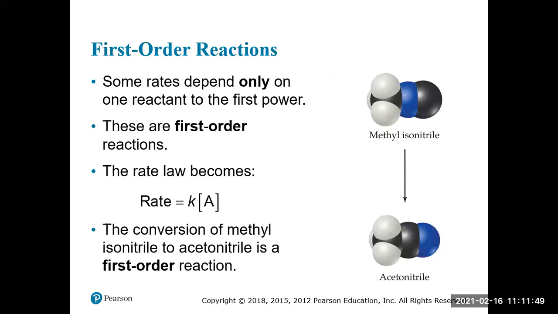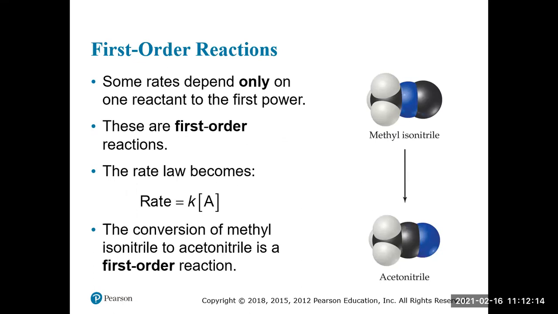Okay, let's talk a little bit about first order reactions and second order reactions, and start discussing what that means. A first order reaction means that the rate depends only on one reactant, and that reactant is a first order reactant.